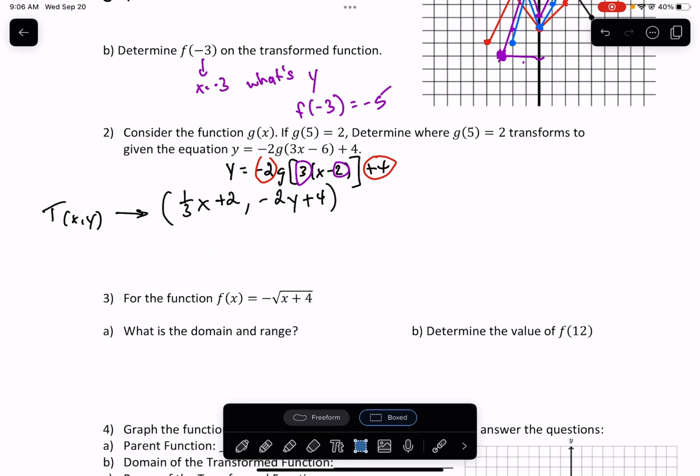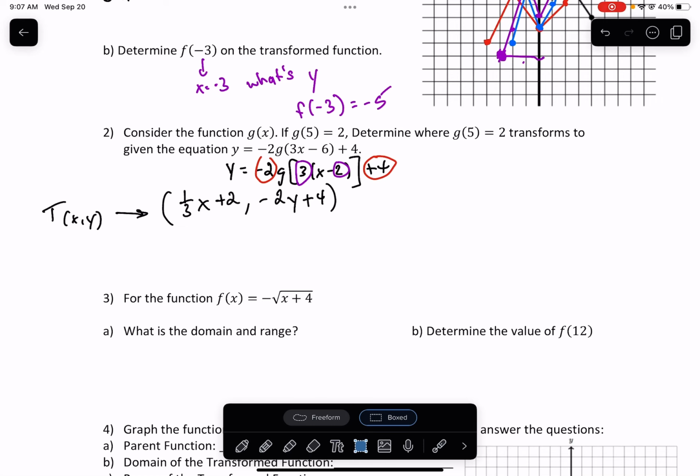Everybody okay? You're separating stuff that affects horizontal components of the graph, x and y separately. And then you can take any point on the function and transform it using the mapping statement.